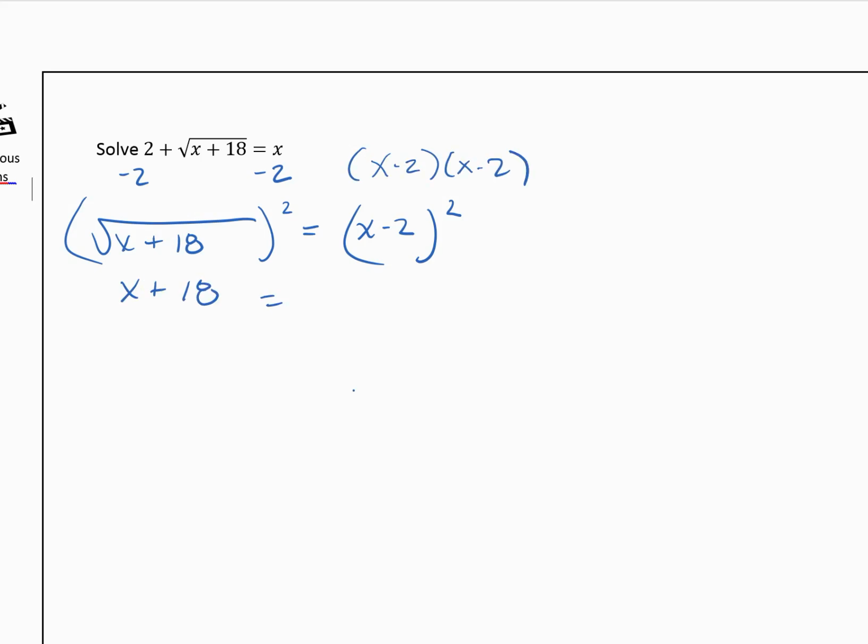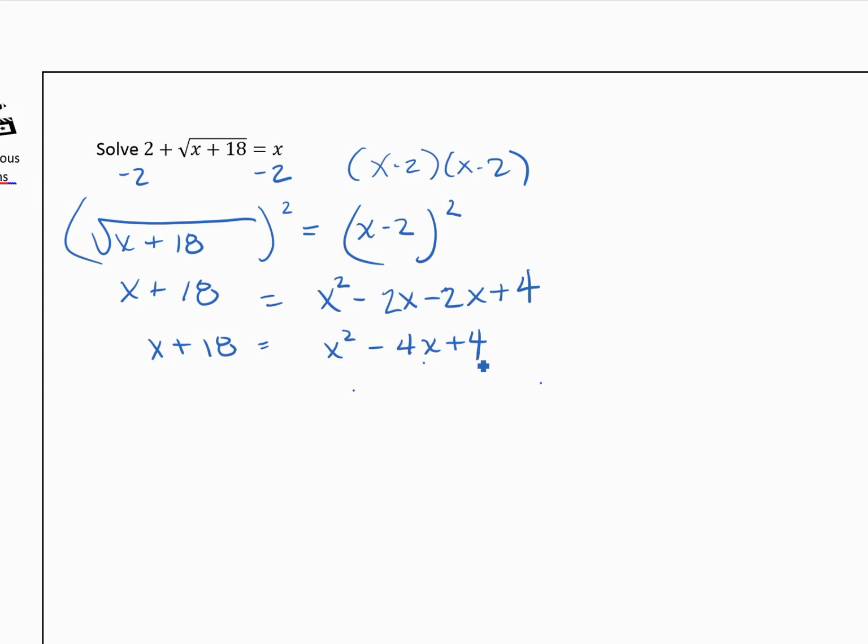We need to FOIL it, which would give us x squared minus 4x would be our outside, minus 2x for our inside, plus 4. So you do need to FOIL it out, or you would be missing your x terms. So we'd have x plus 18, and we combine like terms here. We get x squared minus 4x plus 4.